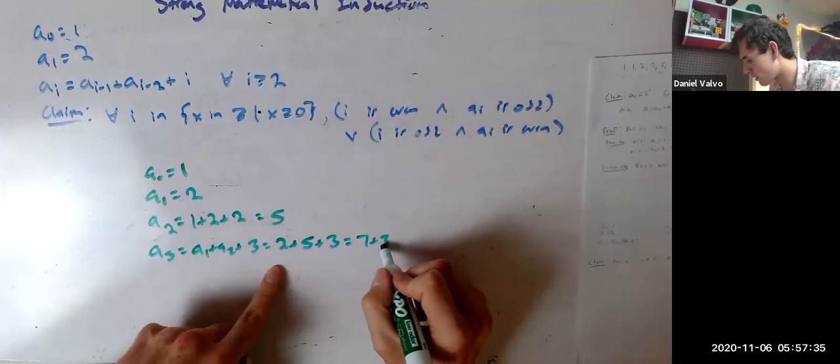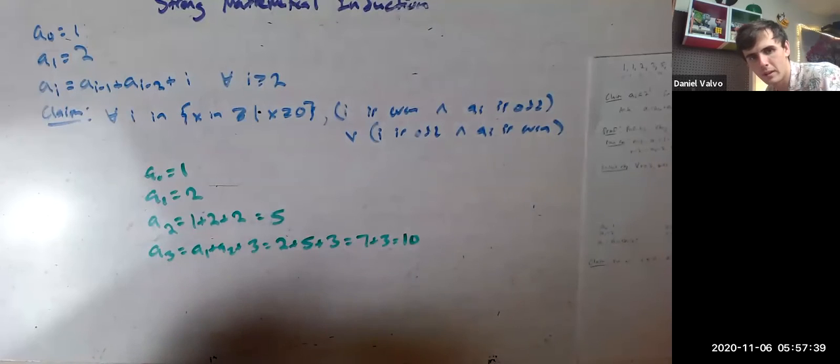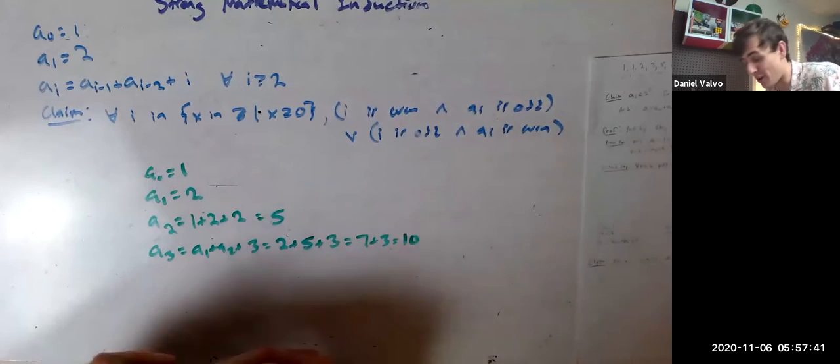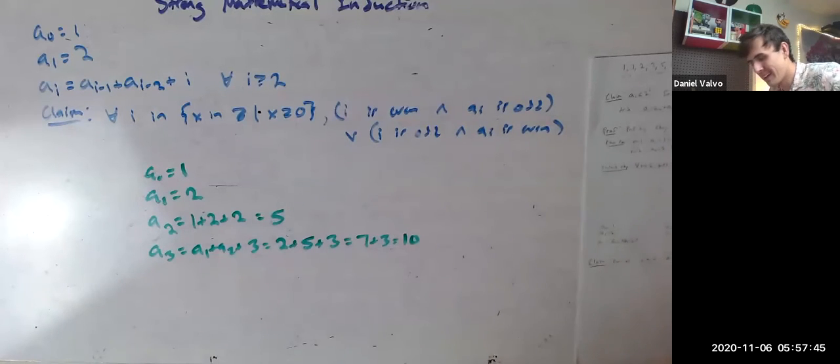That's 7 plus 3, which equals 10. So again, odd, even. So it looks like this always works.